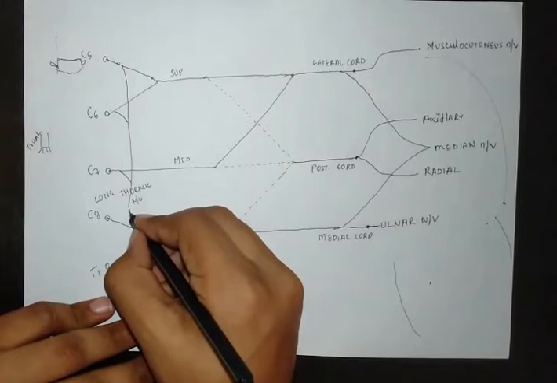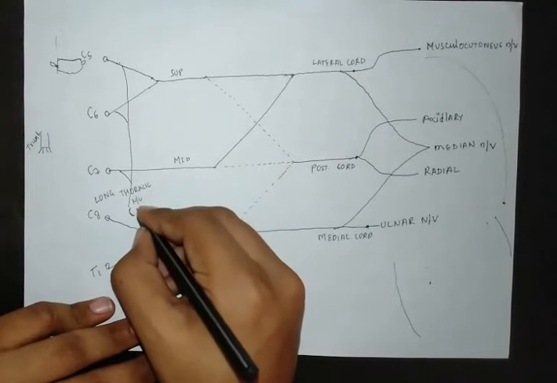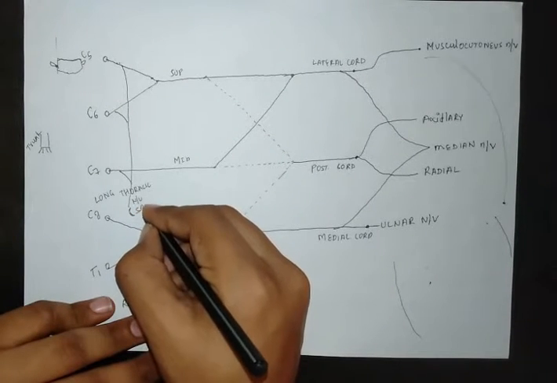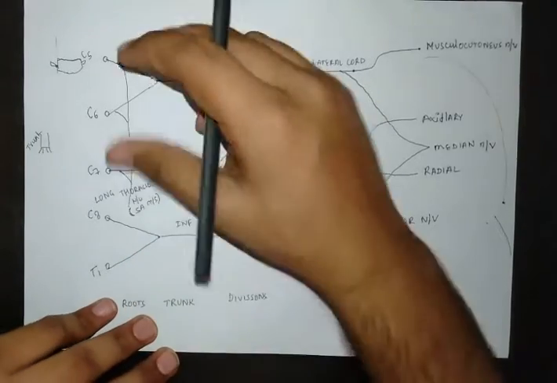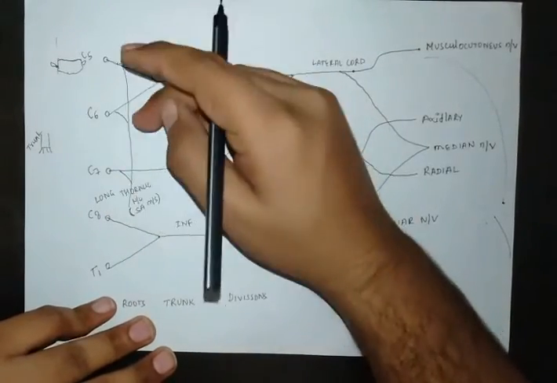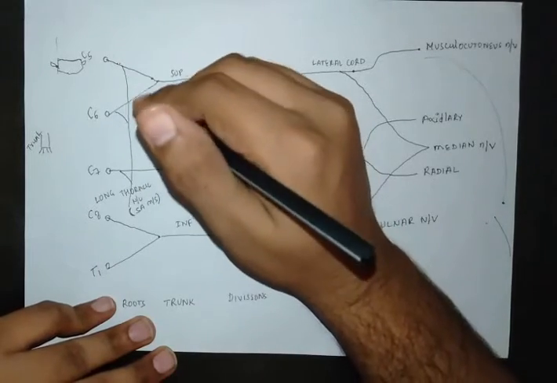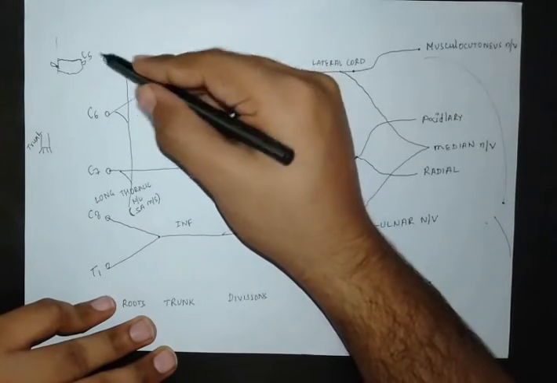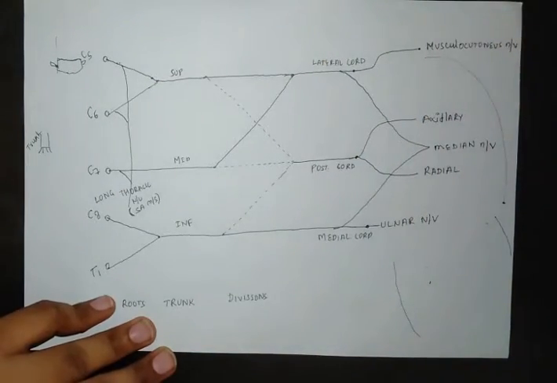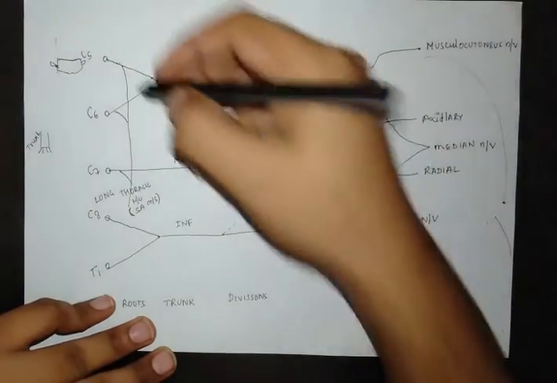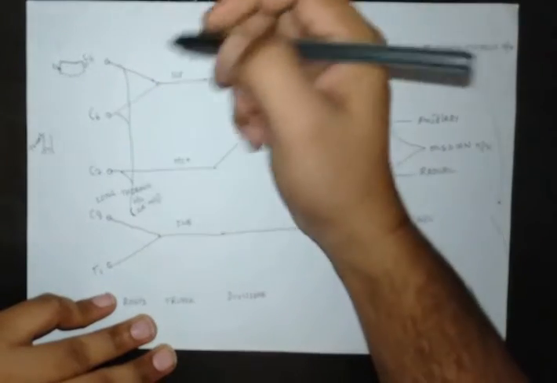It supplies the serratus anterior muscle. So you can imagine, from high up in the neck, it comes down to supply the serratus anterior muscle. Its root values are apparently C5, C6, C7, but I will be doing that in another video. Don't mix up the things. So one nerve is from here.